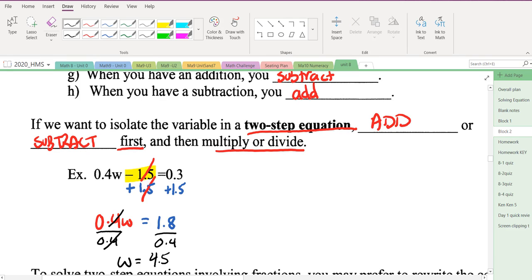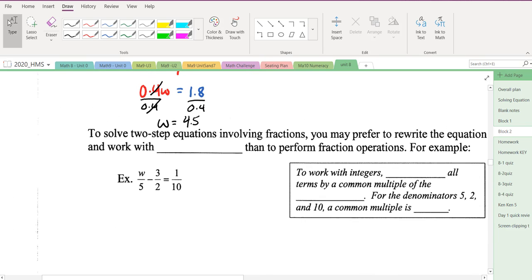All right? Now, these types of questions can get a little bit trickier, as we can have them written as rationals, as fractions. And just like we did in the last chapter, to make our math a little bit easier, what we do is we convert them to integers first. We get rid of the fractions.